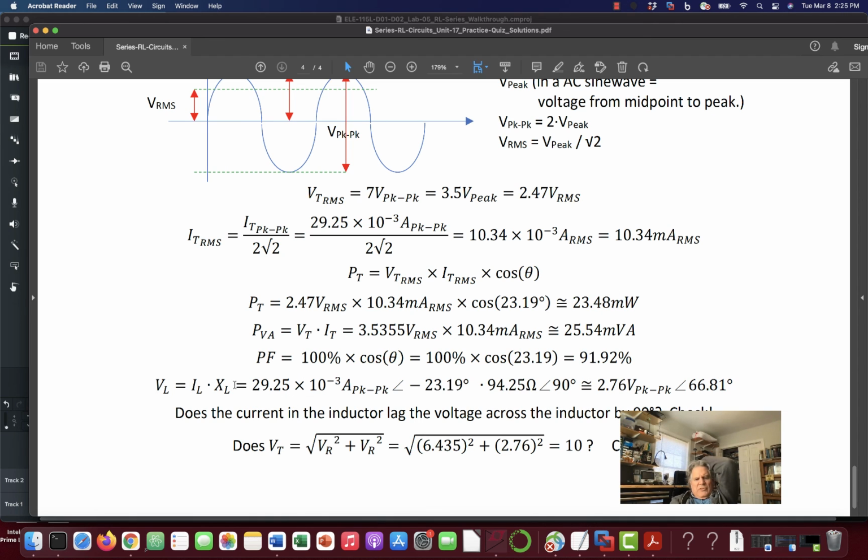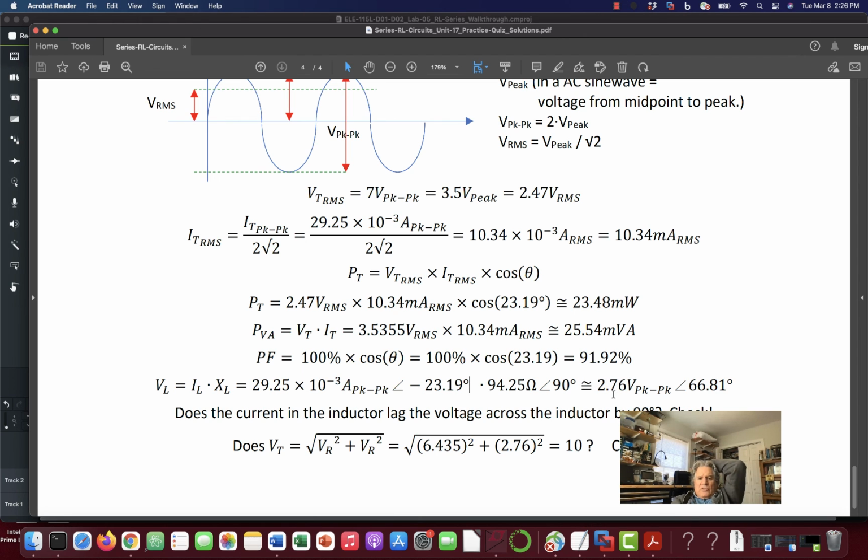The voltage across the inductor is equal to the inductor current, which is the total current, 29.25 times 10 to the minus 3 amps peak to peak at a phase angle of minus 23.19 degrees, multiplied by the inductive reactance. It's IL times XL, whose magnitude is 95.24 ohms at plus 90 degrees.